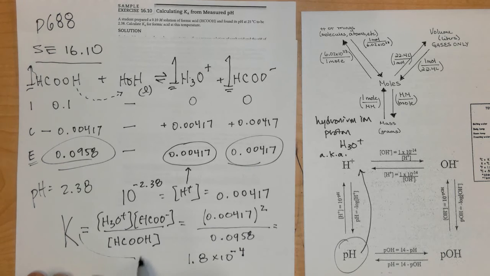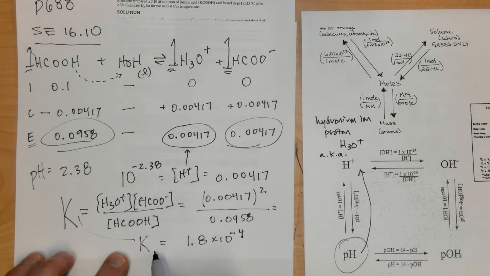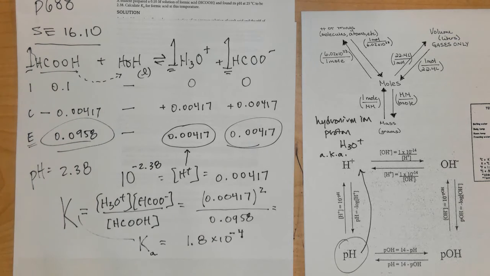Now this K is given a special name since it's the equilibrium constant for an acid. I now call it K with a little a down below it. A stands for acid. It's the equilibrium constant for the weak acid called formic acid.